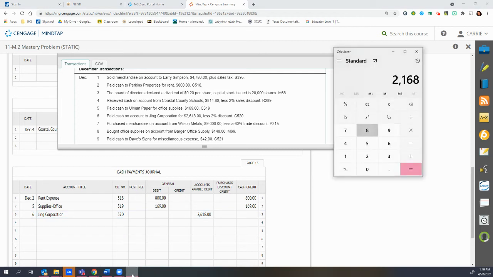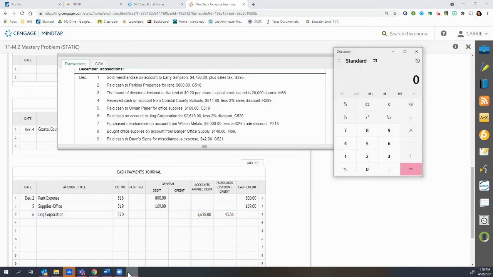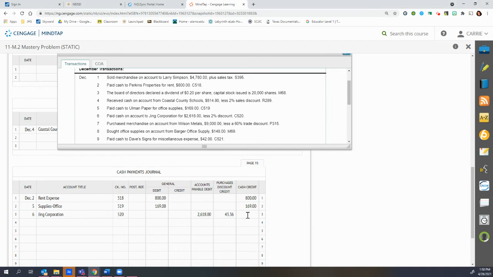So 2618 times the 2% is 43.36. So then we would just pay cash for that difference. 2574.64.